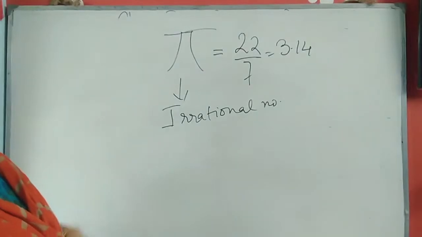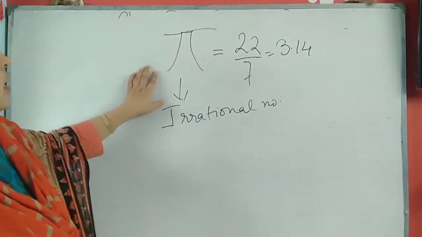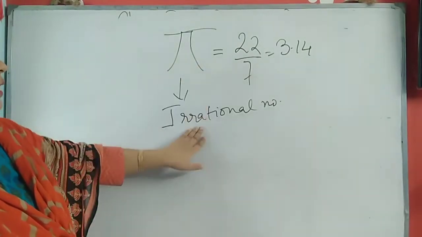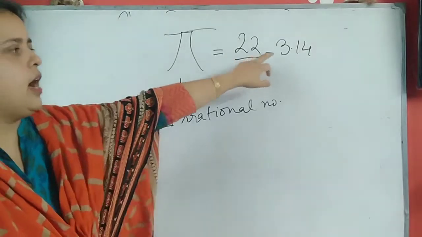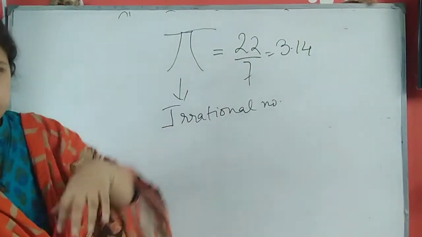So this is a very good conceptual question to ask. And students often ask me, why, being an irrational number, are we putting the value of pi as 22 by 7 or 3.14?